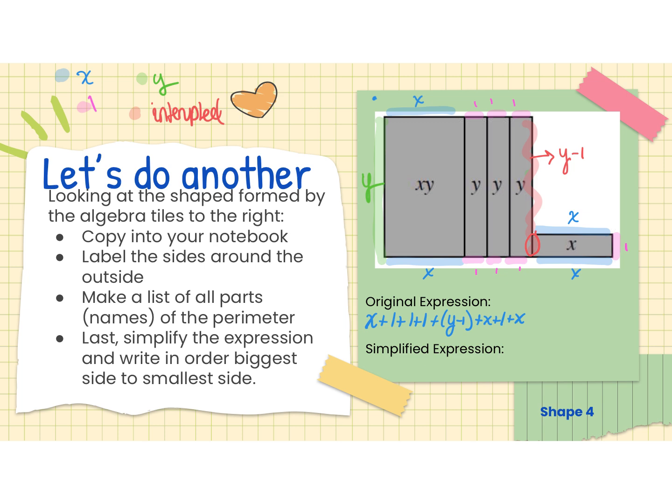Okay. Then we have 3 more 1s, and another x, and another y. Okay, let's count. 1, 2, 3, 4, 5, 6, 7, 8, 9, 10, 11, 12, 13. 1, 2, 3, 4, 5, 6, 7, 8, 9, 10, 11, 12, 13.